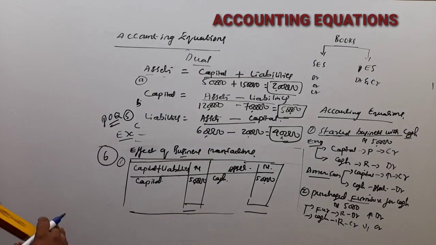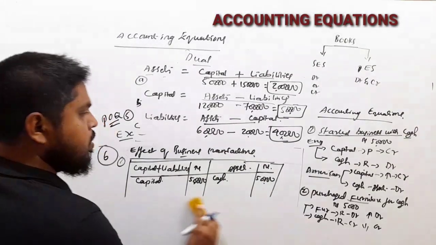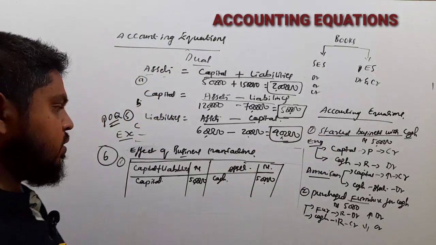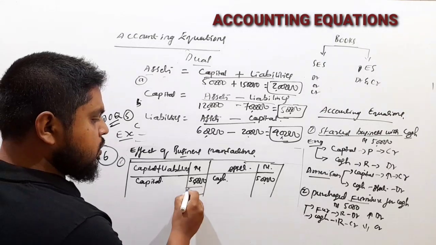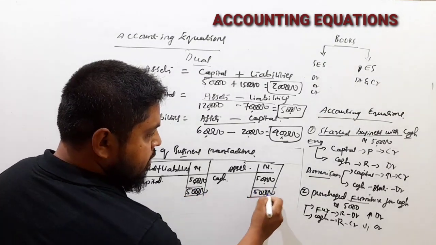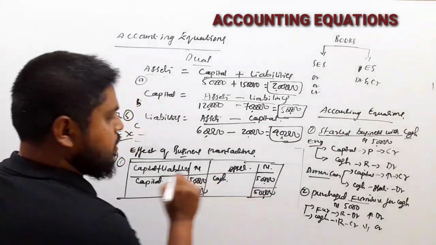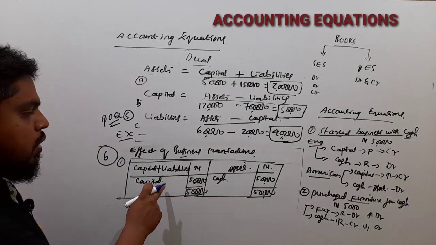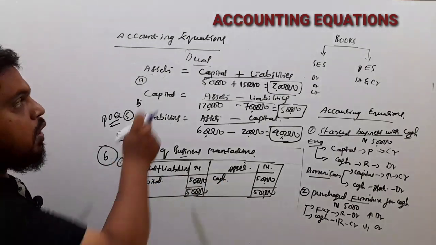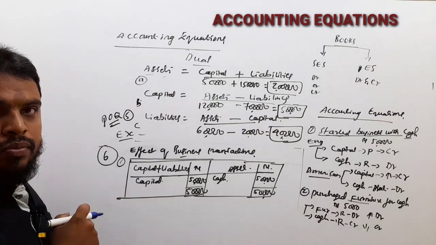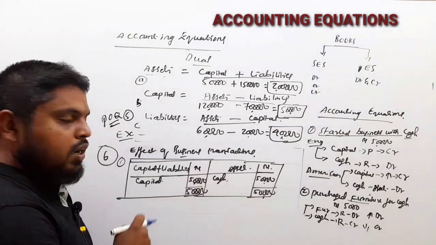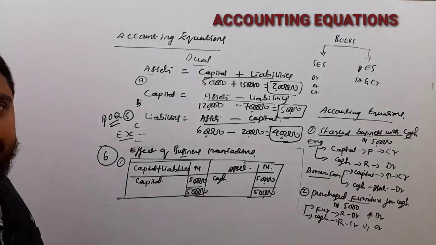So this is the first transaction, started business with cash. So one asset is introduced into the business, that is cash. So assets equal to liabilities. This is the accounting equation concept. Started business with cash, cash is coming to the business, that is assets, and capital is a liability.